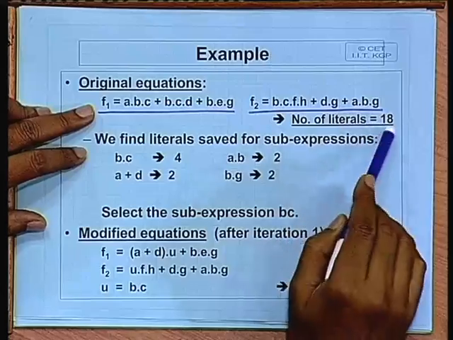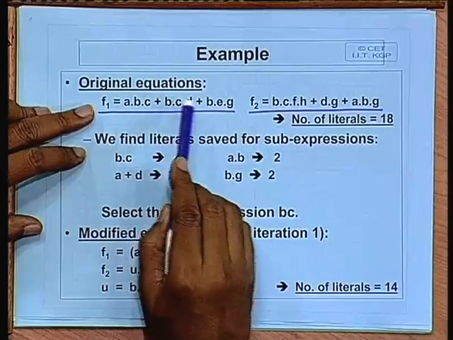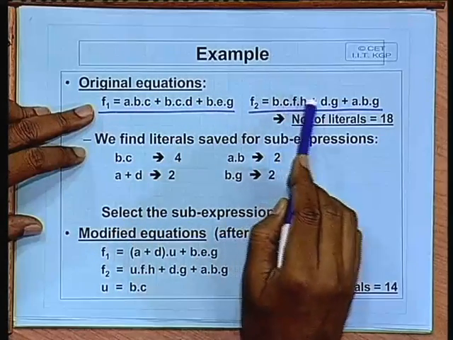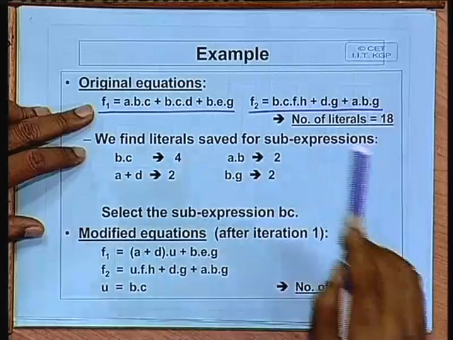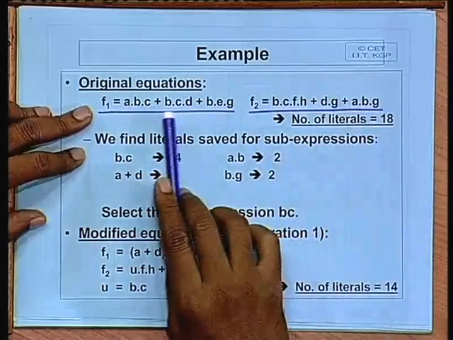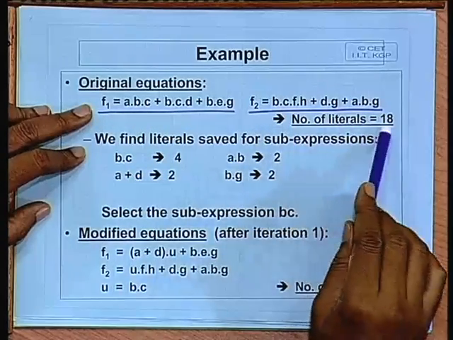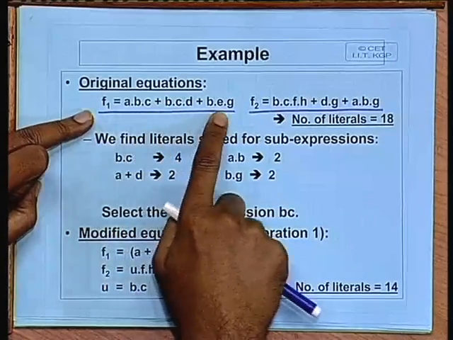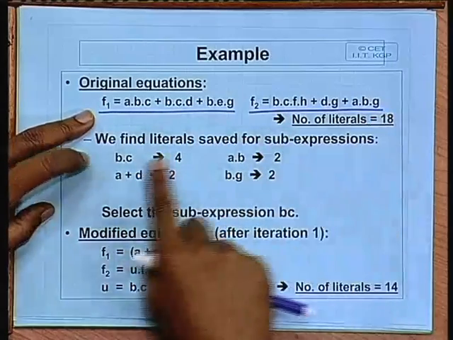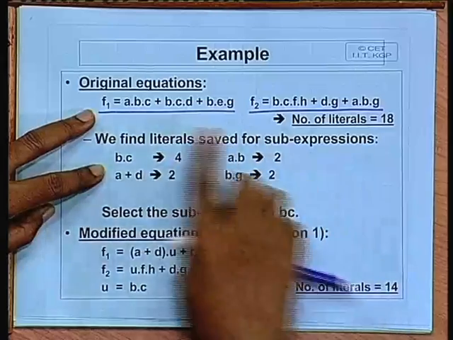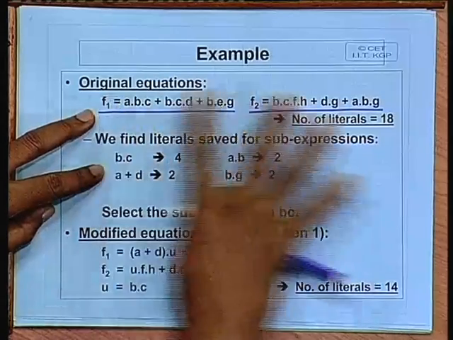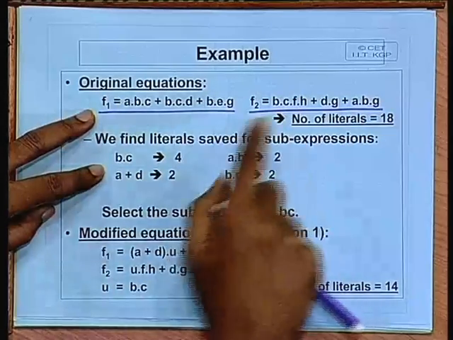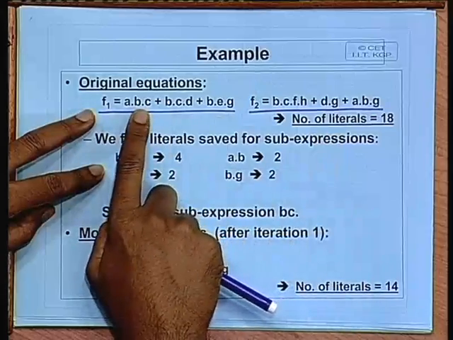Now, in the original one, how many literals are there? 1, 2, 3, 4, 5, 6, 7, 8, 9, 10, 11, 12, 13, 14, 15, 16, 17, 18. So, in the initial problem, the number of literals was 18. But if you look at these expressions now and try to find out what are the common sub expressions which exist in one or more than one. First you see BC.